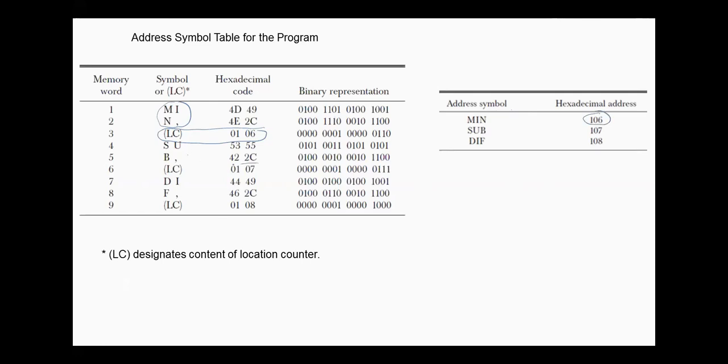Next SUB at location 107 here. And next DIF at location 108. This address symbol table along with the instruction tables and the pseudo instruction table will be used as source for the second pass assembler.